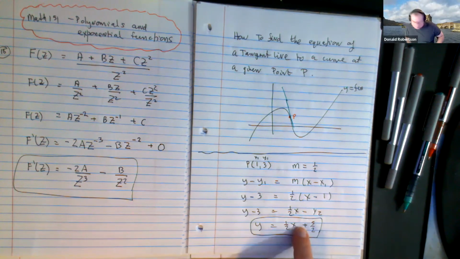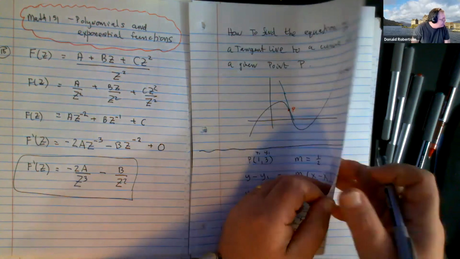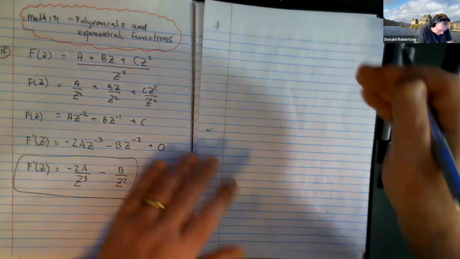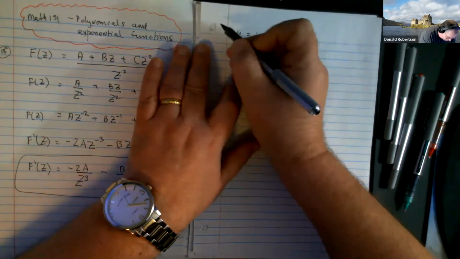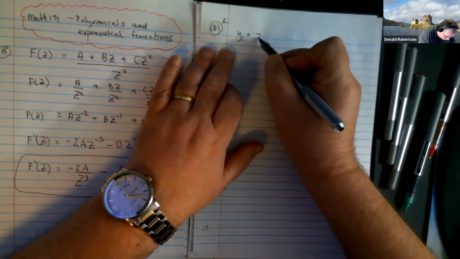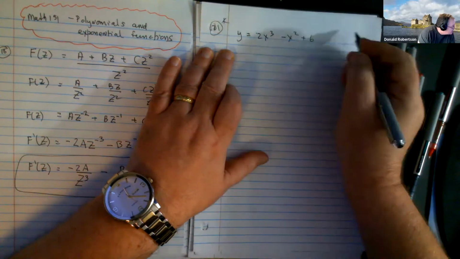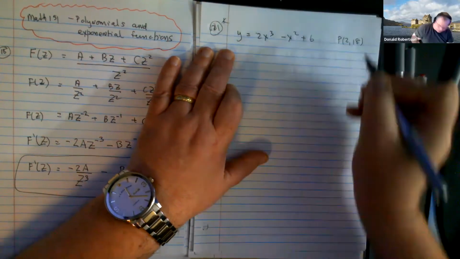That kind of form. So here is our first example of that question, and it's a nice polynomial, and I'm going to use Desmos at the end. So the function, this is question 21. It's 2x cubed take away x squared plus c, and we're being asked to find the equation of the tangent line at 2, 18.